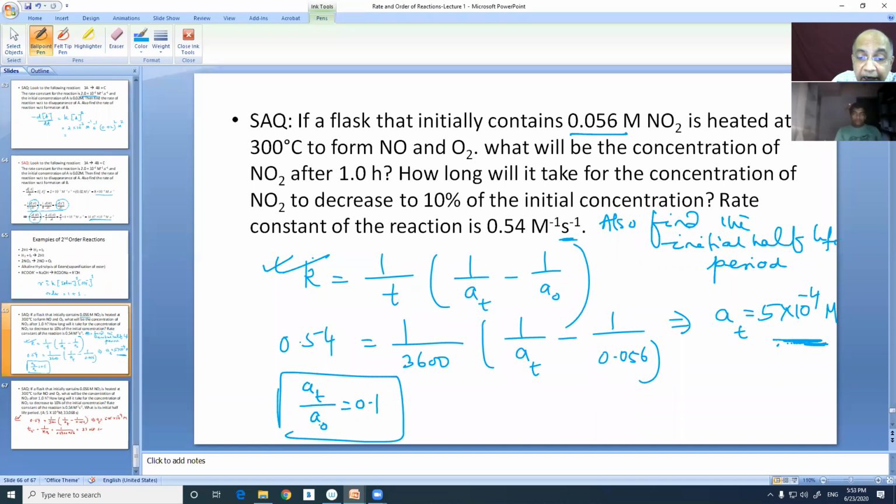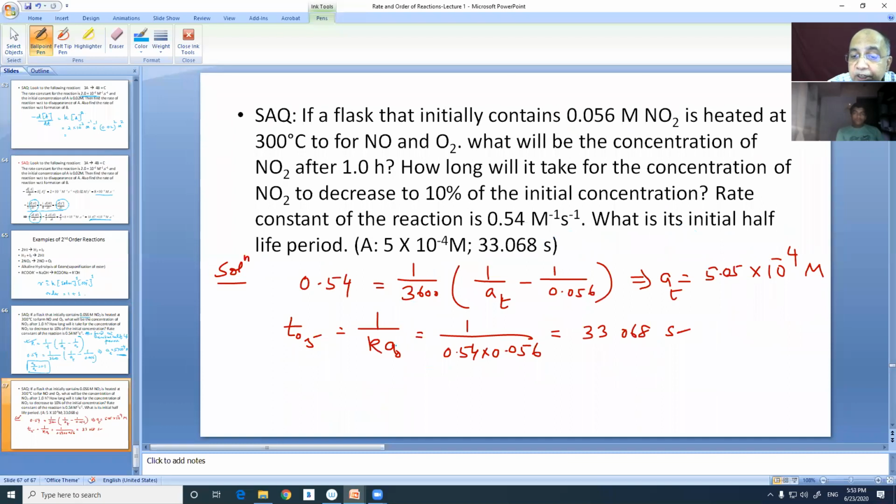That means A is equal to 0.1 A0. You can put A as 0.1 A0 here, and A0 is given. So you can easily find out the time required for 10% of the reactant to stay back. Right? At home, you find out the time. I have not done that.